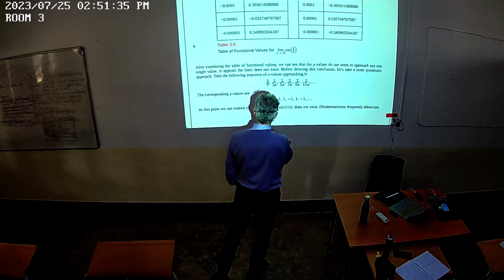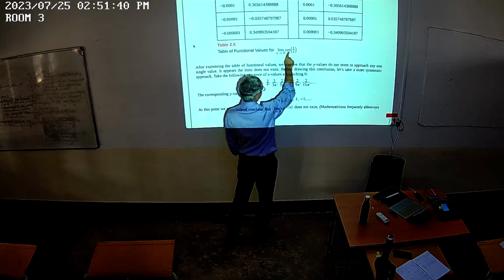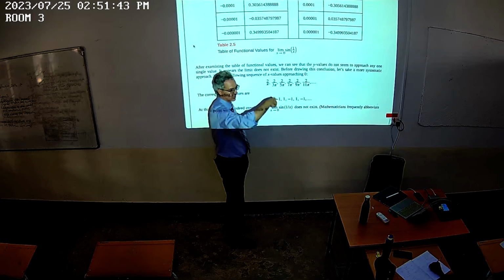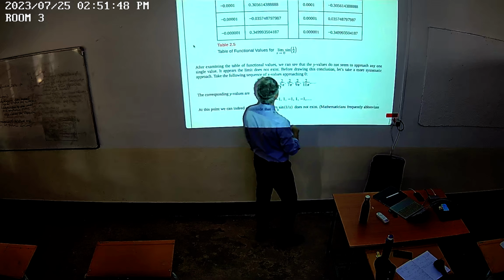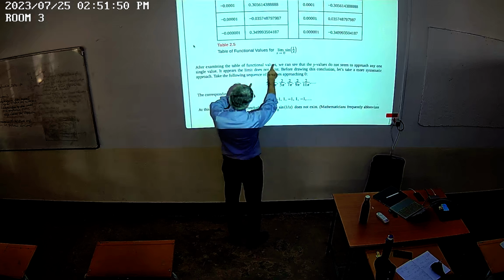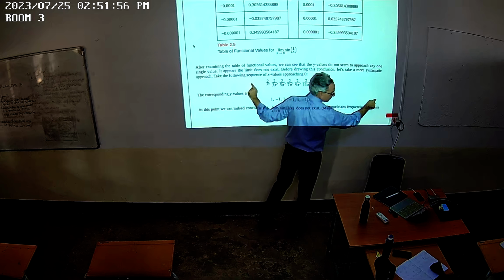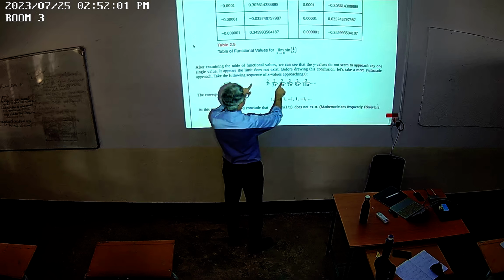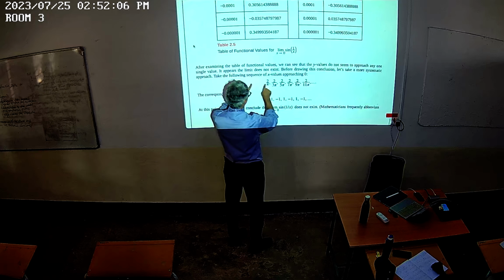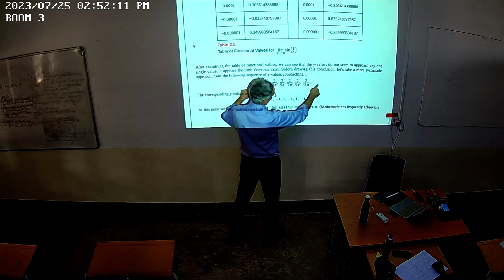One way to look at this particular function, sine of 1 over x: we know that sine is a periodic function. It starts at 0, goes up to 1, back to 0, down to minus 1, back to 0, up to 1, and it just keeps doing that. It hits 0 at 0, pi, 2 pi, 3 pi, 4 pi.